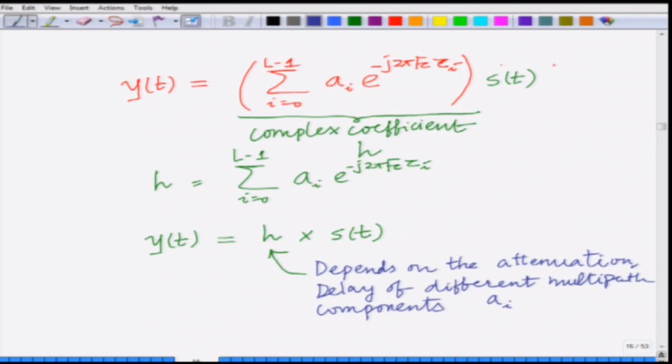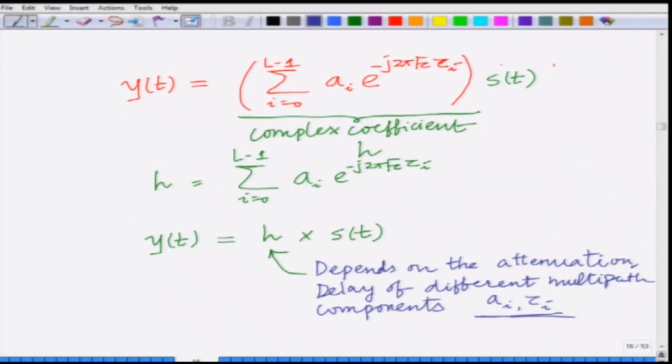Precisely, it depends on all the A I's and tau I's. So, this depends on the attenuation factors A I's and the delays tau I's of these different multipath channel components. Alright. So, this complex coefficient h depends upon these different channel factors.